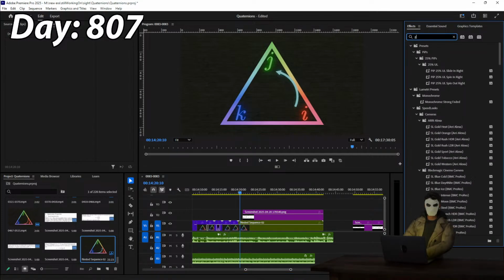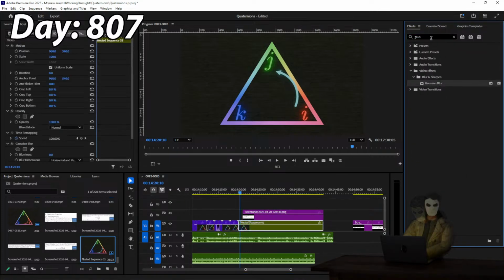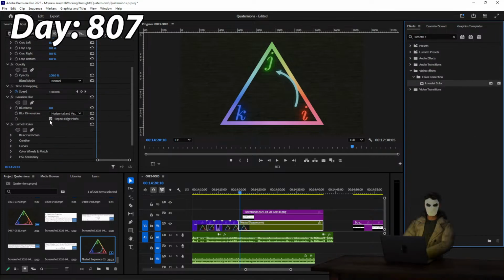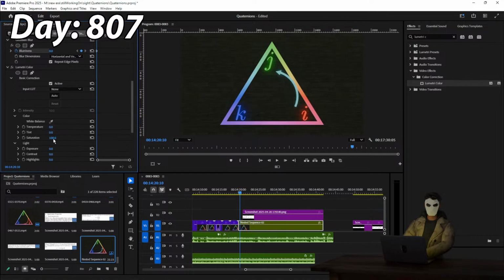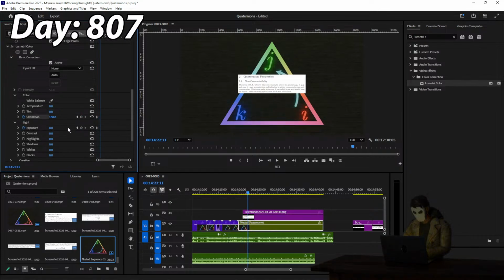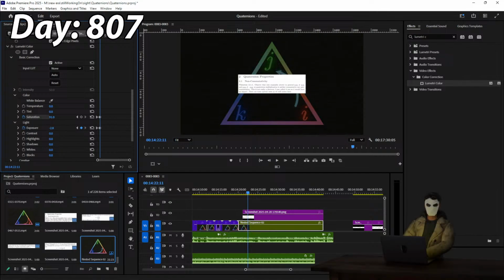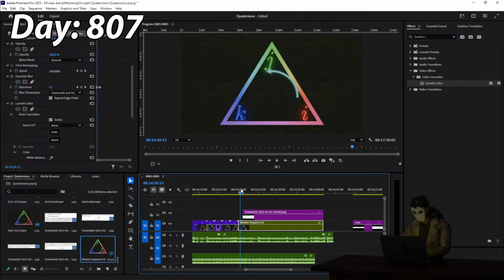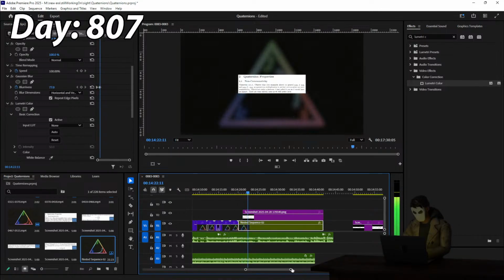Blur. That's Gaussian blur. Lumetri color. There we go. Now we're gonna start at 0. We're gonna start at exposure, saturation. Reduce the exposure, reduce the saturation, increase the blur. Amazing passage from the paper I used as a source.